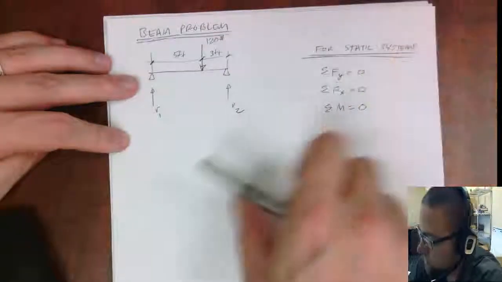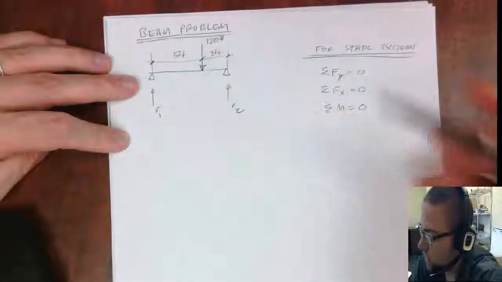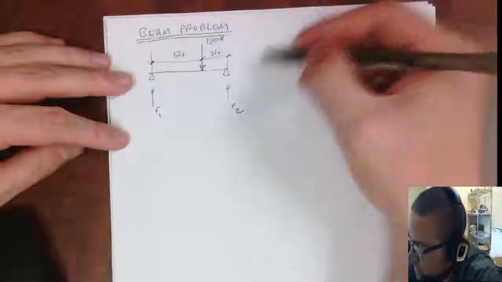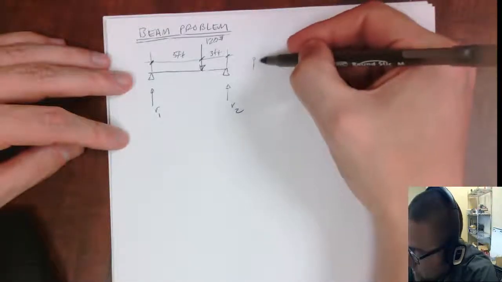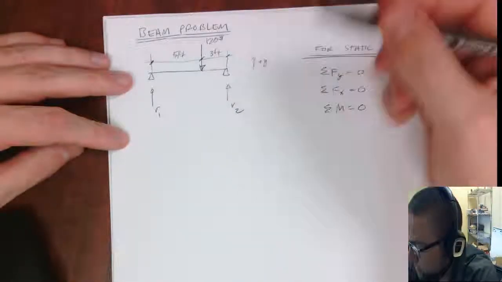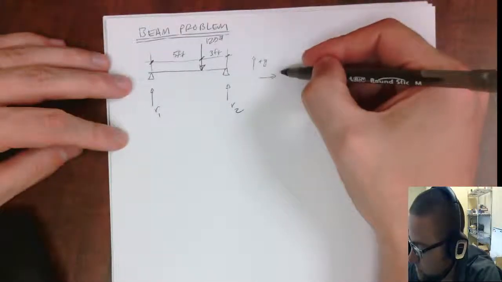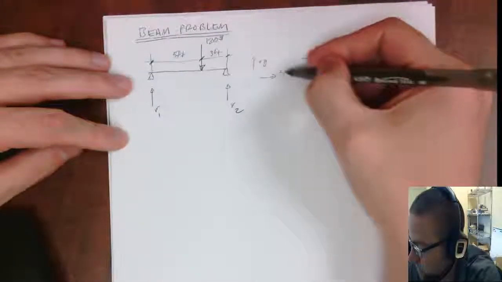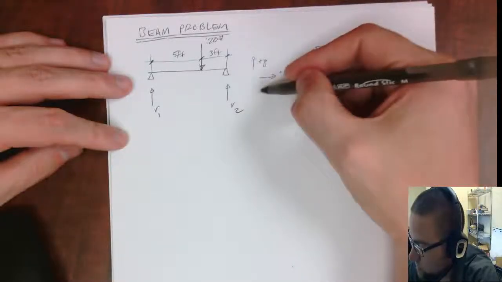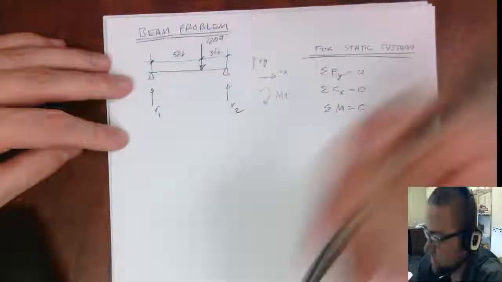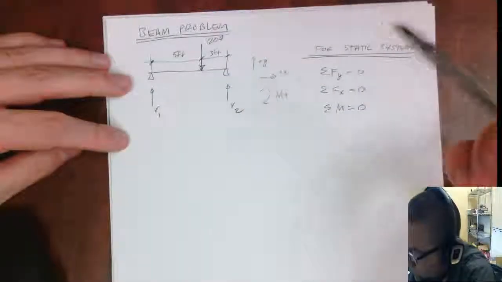And we sum up the moments, which are the twists, and they also equal 0 if the system is static, not moving. The positive y direction is up, the negative y direction is down, the positive x direction is to the right, and the positive moment we'll say is clockwise. You could pick either way, but as long as you're consistent, it's okay.